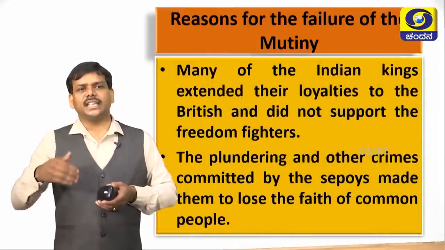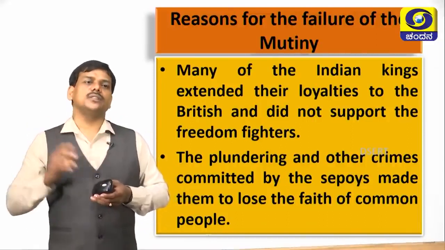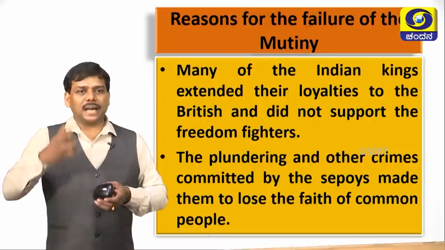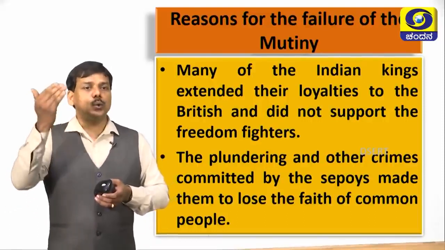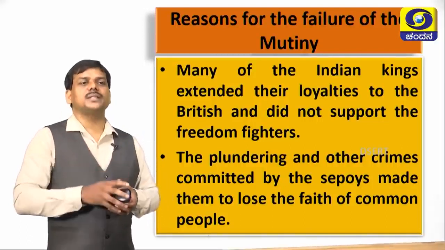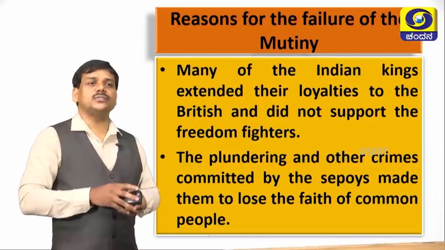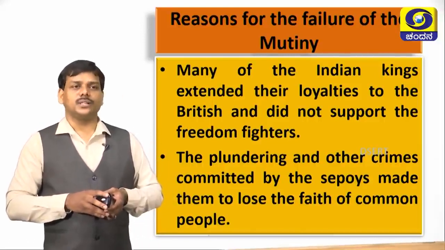Many of the Indian kings extended their loyalties to the British, did not support the freedom fighters here. The plundering and other crimes committed by the Sipais made them to lose the faith of common people. Sipais lost the faith of common people because of their mistakes here. In this way, 1857 revolt failed.